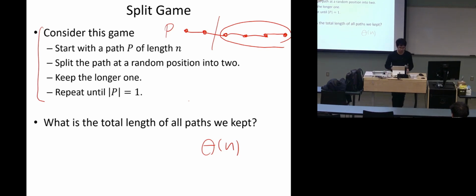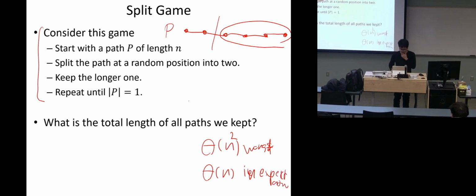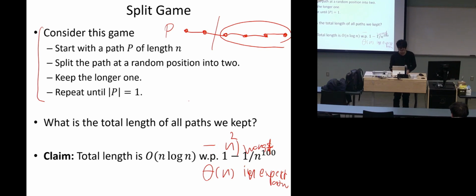So you have that the worst case is n squared. In expectation, it is linear. But what I'm going to show is that you get n log n with high probability.